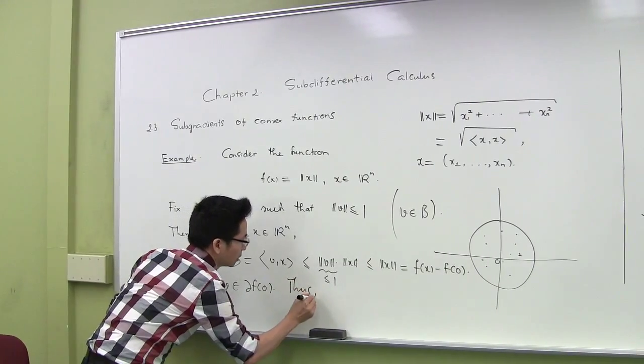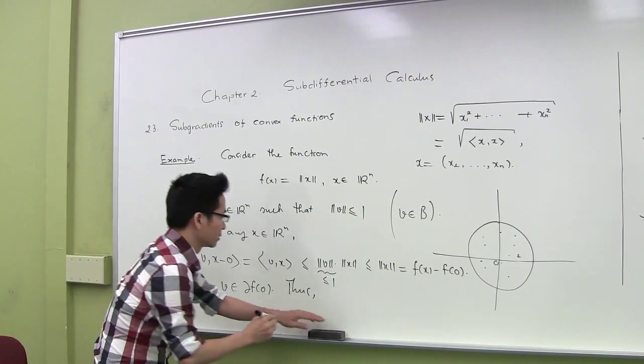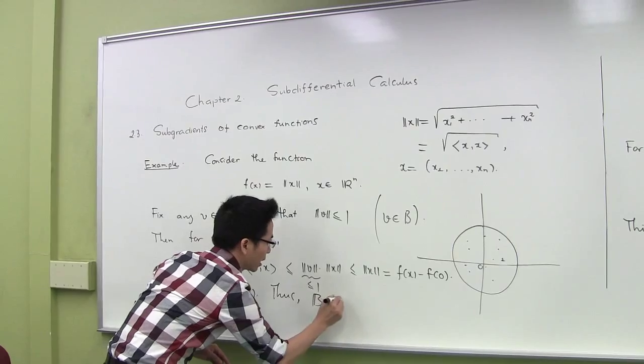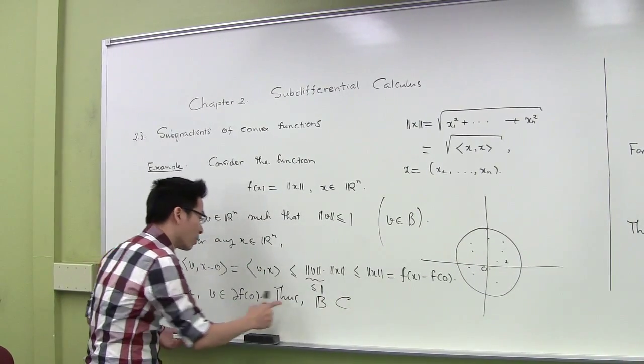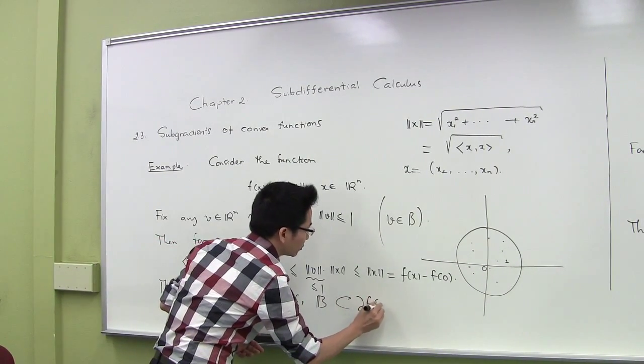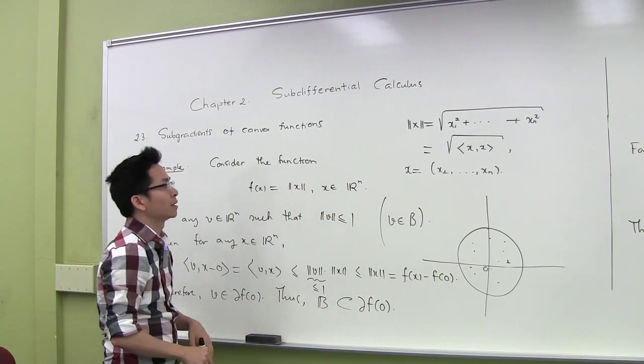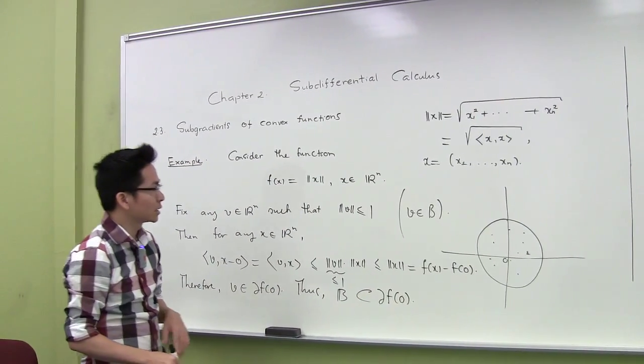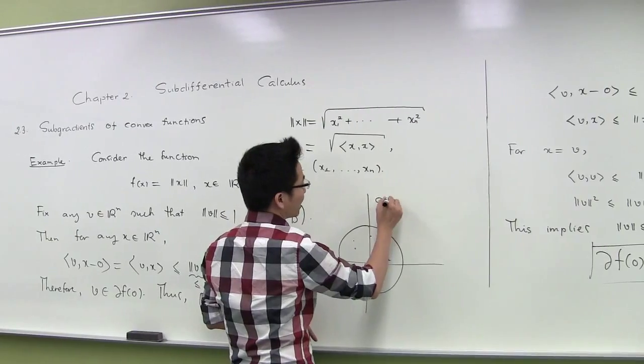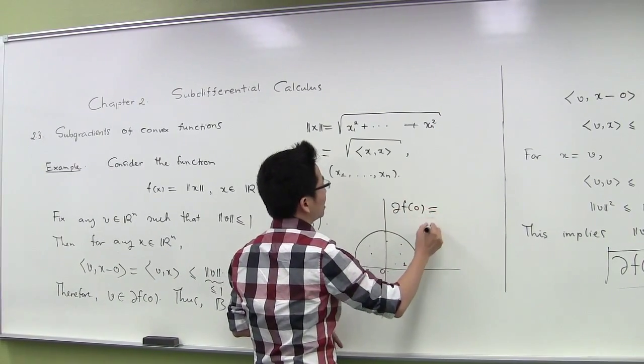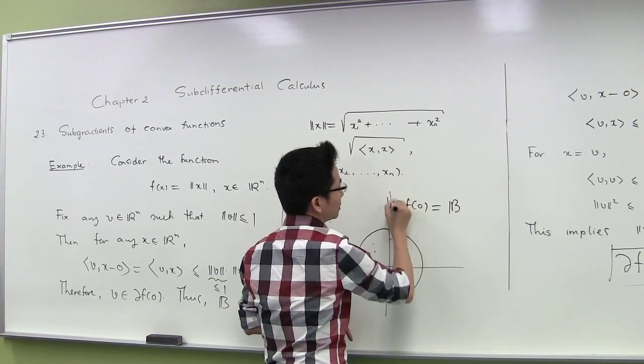Thus, we obtain the opposite inclusion: the closed unit ball is a subset of the subdifferential of the function at 0, and we establish this formula. The subdifferential of the norm function at 0 is equal to B.